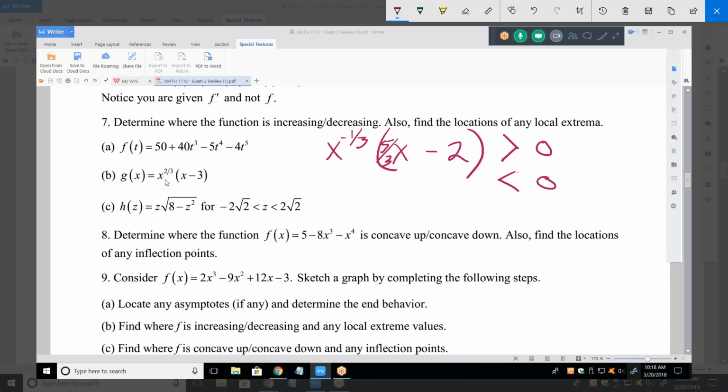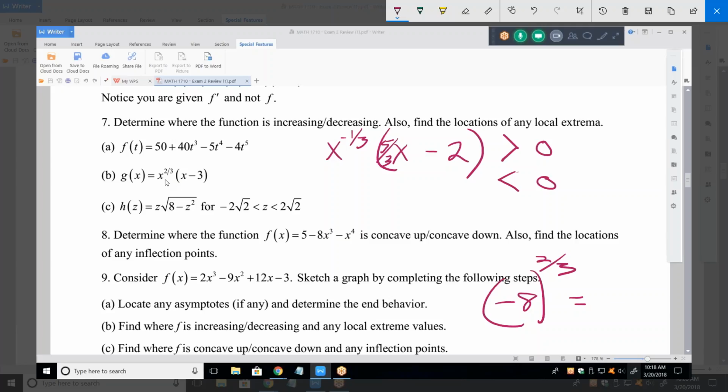Let me just give you a quick sample as to why. What's that equal to? Take the cube root of -8 first and then square it.